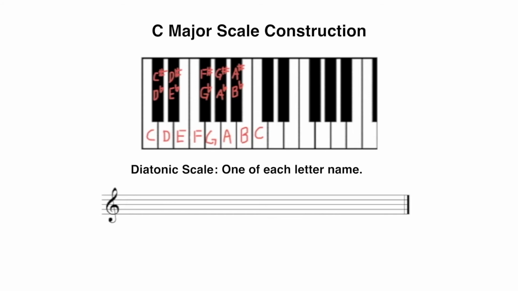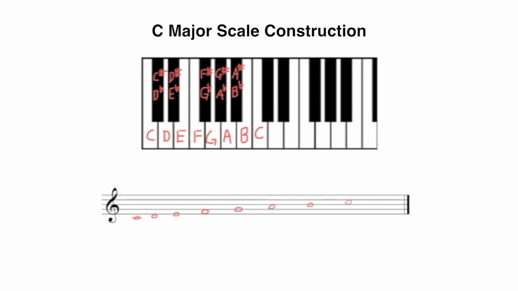So our diatonic scale for C will be C, D, E, F, G, A, and B. And then whenever we write out a scale, we always cap it off with the note that we started with, so we'll finish with C. So this is our diatonic scale starting on C with one of every letter name.